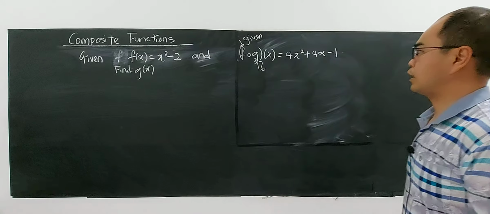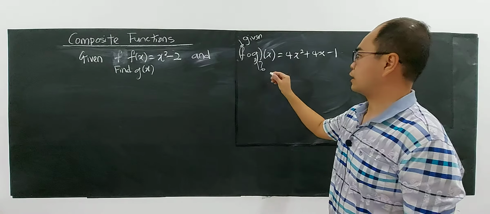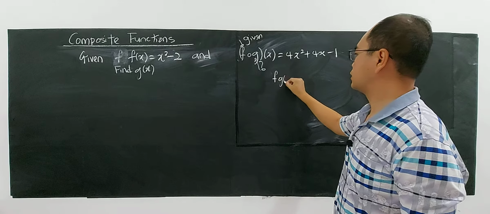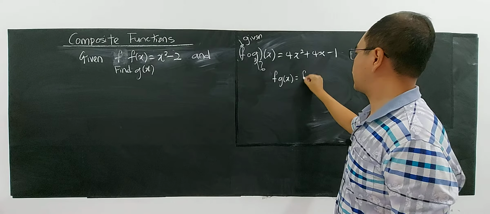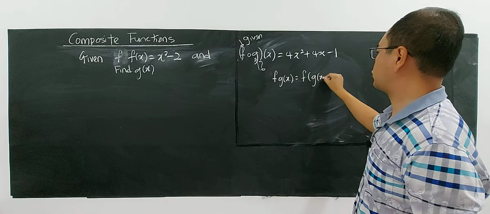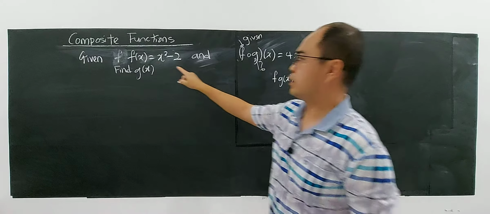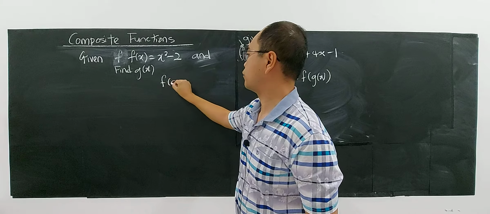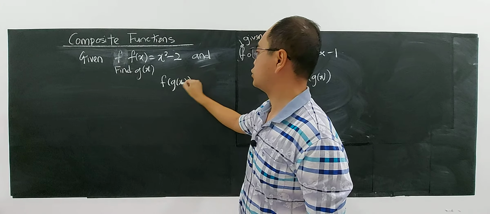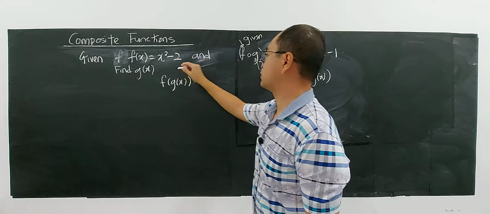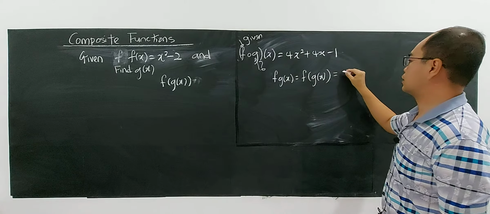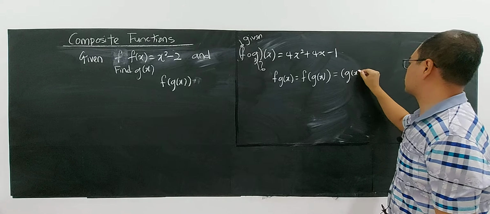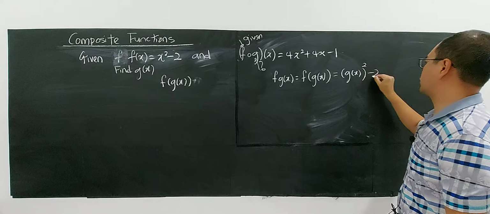For this type of technique, you need to know that f(g(x)) can also be written as f of g(x). So I replace the x here with g(x), and I get g(x) to the power of 2 minus 2.